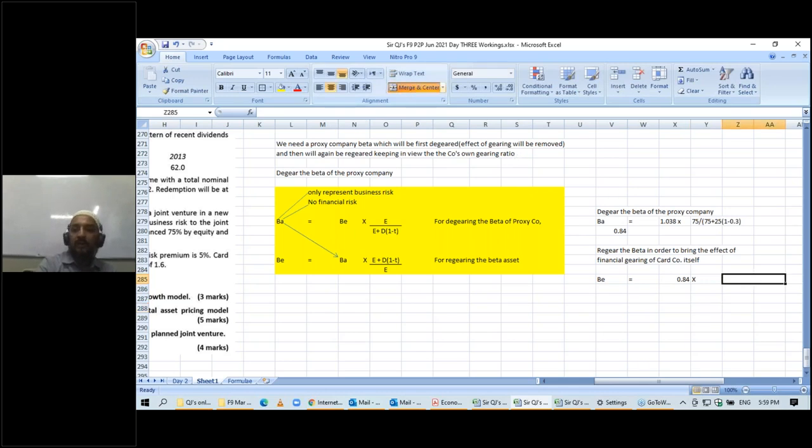So I have to calculate it first: the market values of the card company's debt and equity. Let's calculate the market value of equity, E, and the market value of debt, D, of the card company.